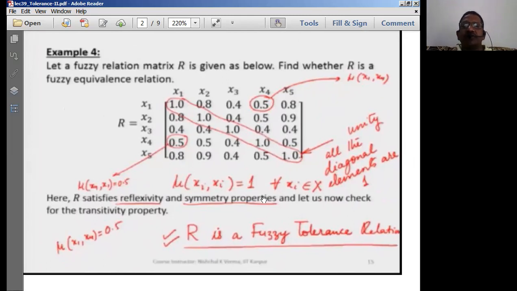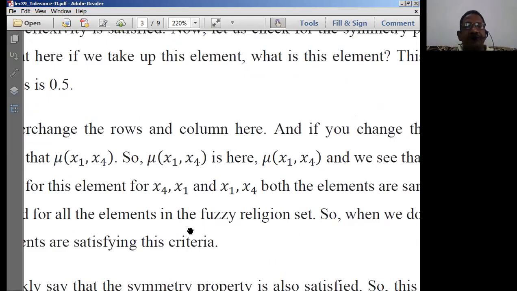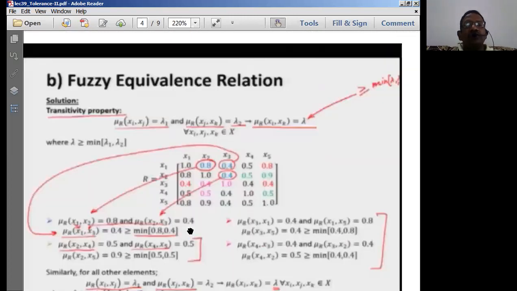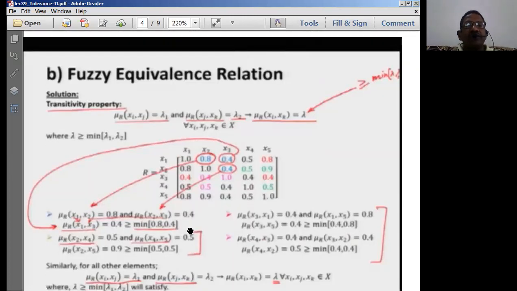Since it is satisfying symmetry and reflexivity, we call this fuzzy relation a fuzzy tolerance relation matrix. So let us go to the next one, the fuzzy equivalence relation.